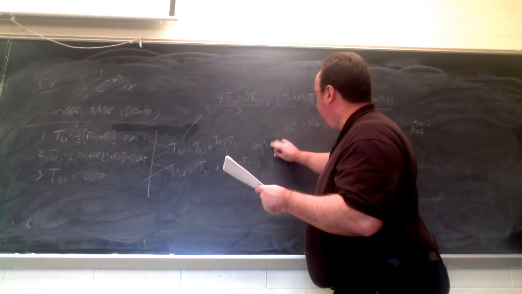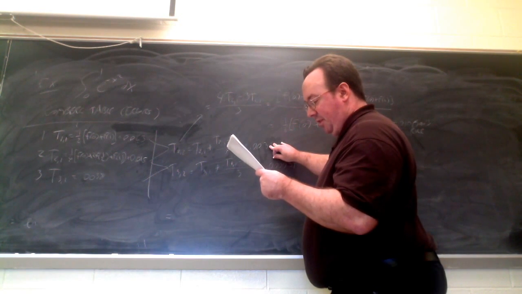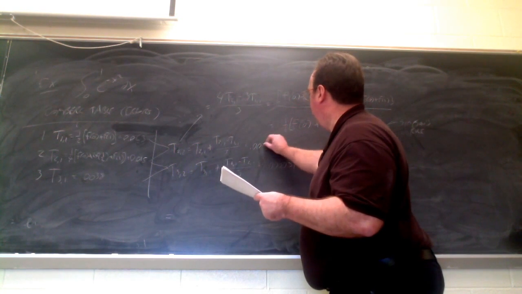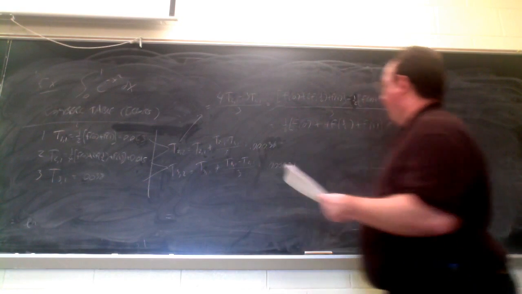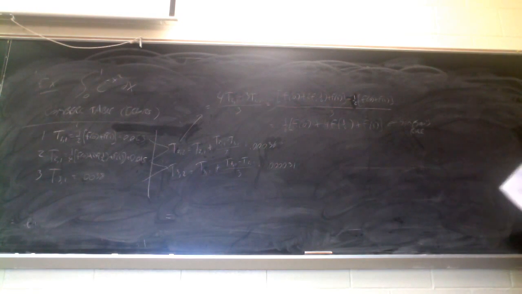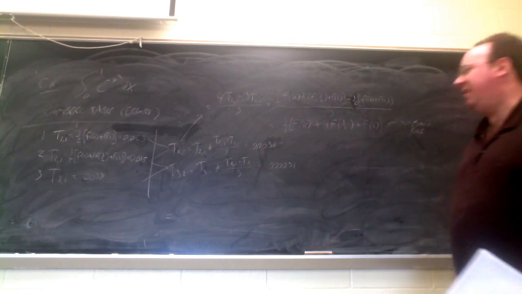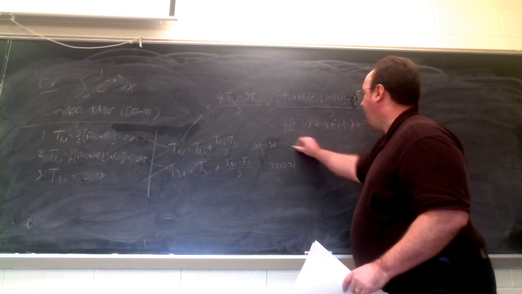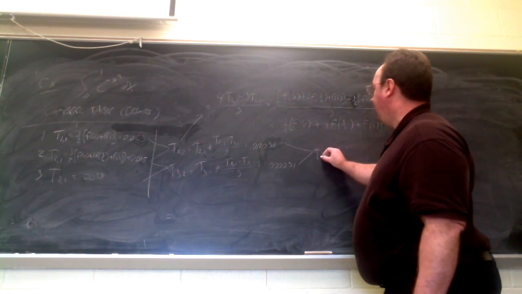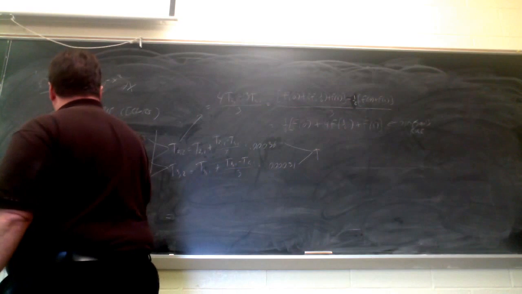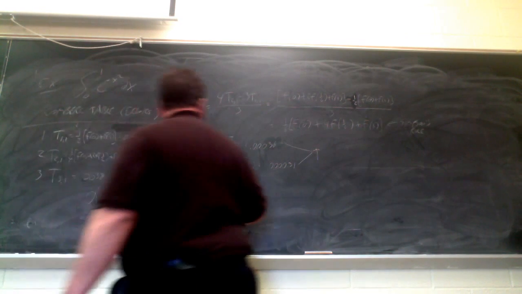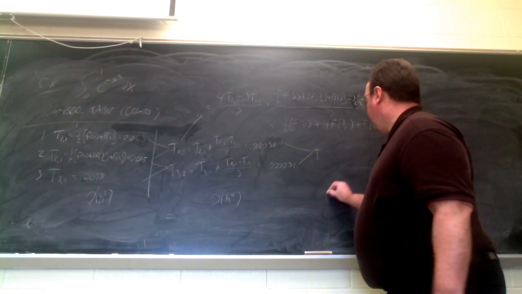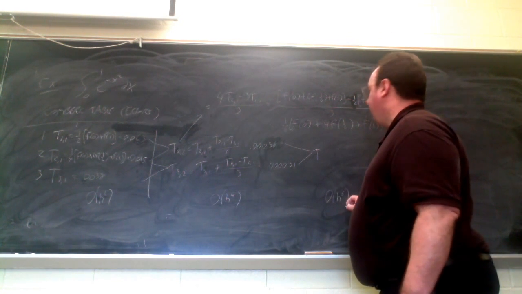I'm looking at the wrong place in my notes. Okay, sorry, it was right before. So the error from here to here goes down by a factor of about 16, because it's fourth order accurate. And finally, I go one more time. So this is order h squared, order h to the 4th, and then order h to the 6th.